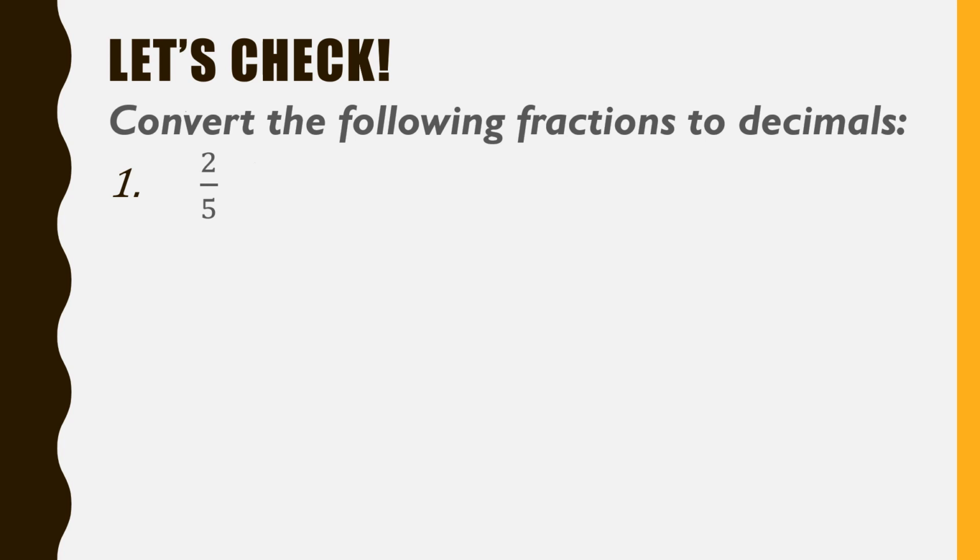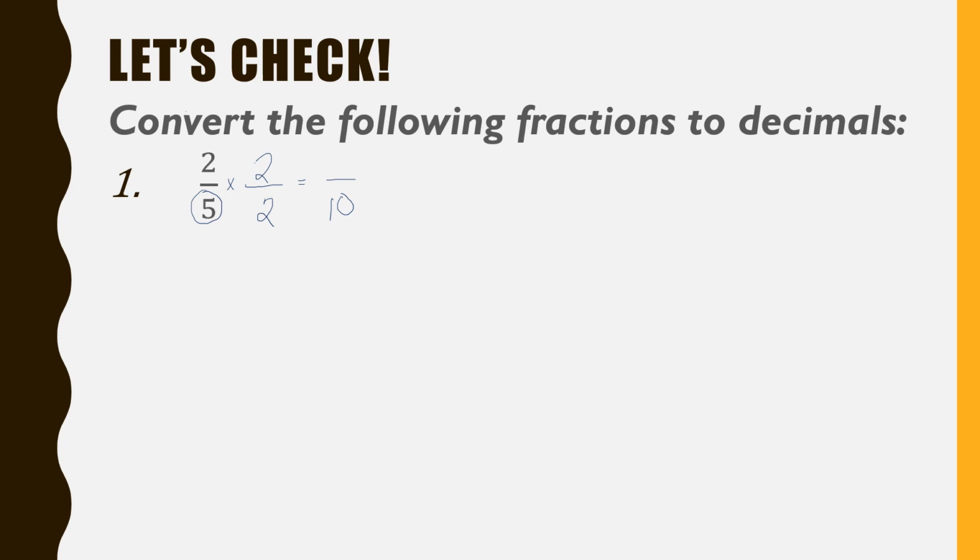For number 1, we have 2 over 5. Let us use method 2, wherein we will identify a number which we could multiply by 5 to get a power of 10. And what number is that? That is 2, for us to get the lowest power of 10, which is 10. And since we are multiplying the denominator by 2, we will also multiply the numerator by 2.